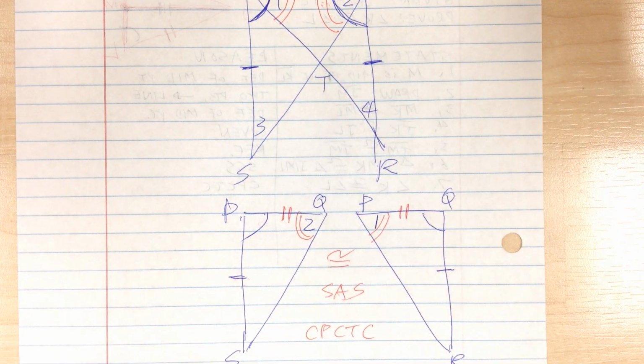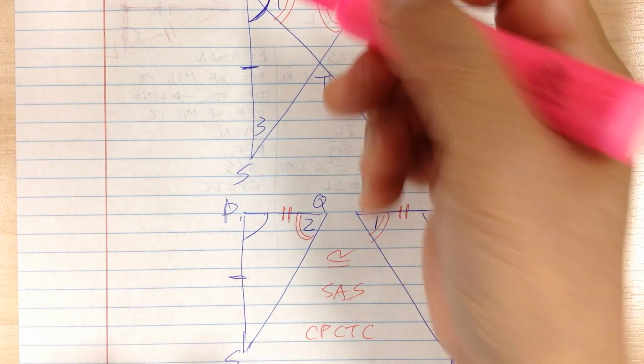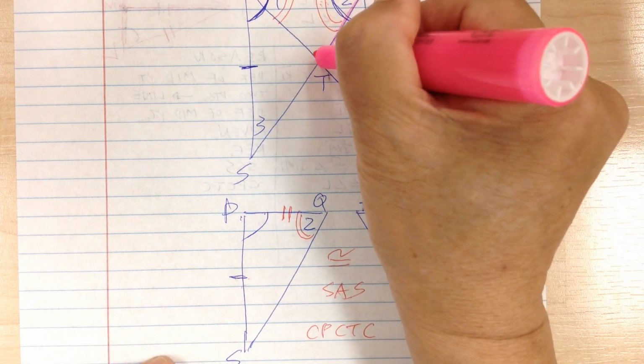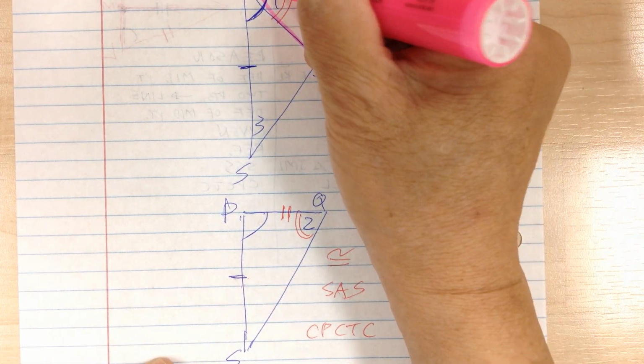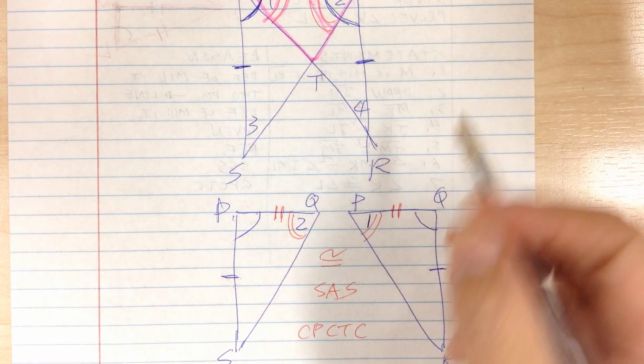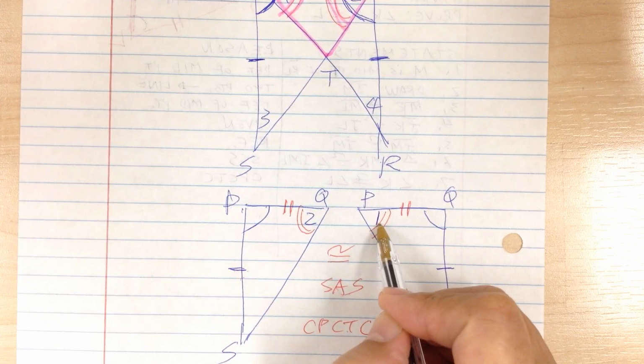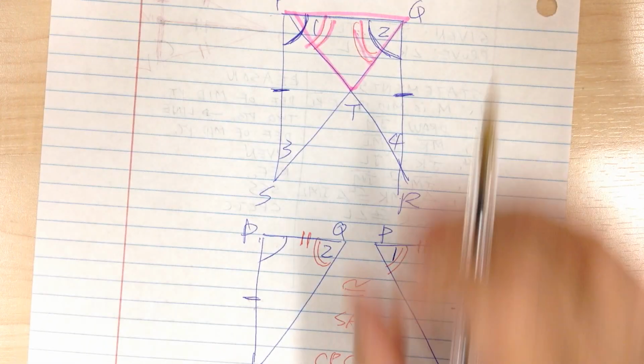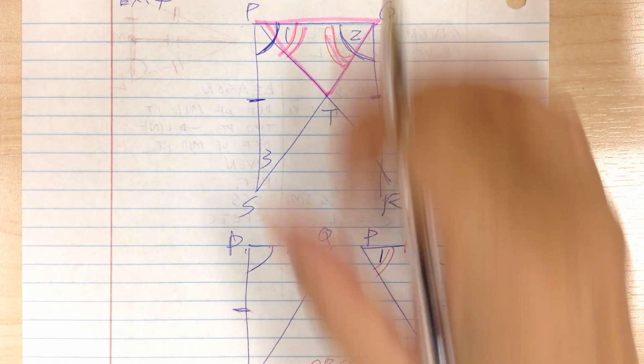Therefore this triangle right over here is isosceles because of that. Explain why PQT is isosceles: because angle 1 is congruent to angle 2 because of CPCTC. Sometimes you have to go back and forth between the two pictures.